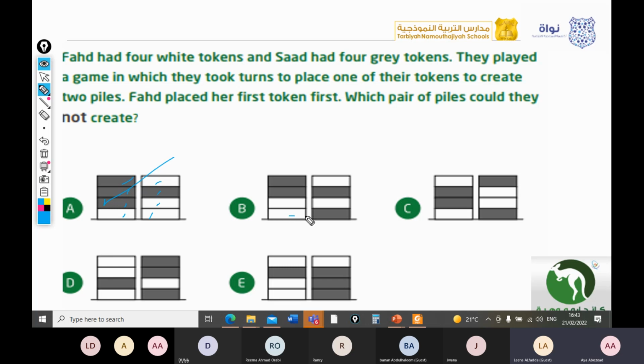From B, 1 white, 1 gray, 1 white, 1 gray, 1 white, 1 gray, 1 white, 1 gray. So this is correct. I leave you the 3 choices.